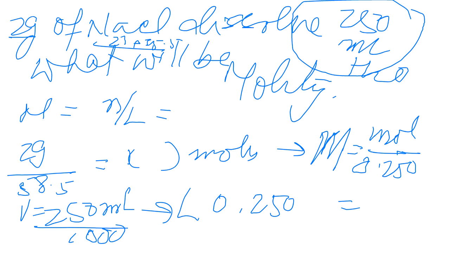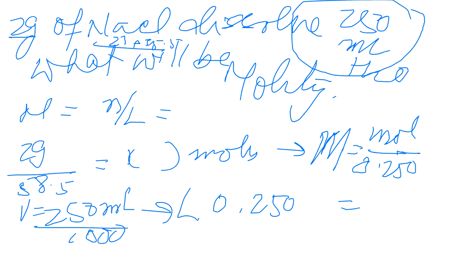Is it clear now? Yes, clear, Doctor. Doctor, I have a question. Yes. Milliliter always changes to liter, right? Yes, because you have to follow the definition of molarity. What is the definition of molarity? Mole over liter of volume.